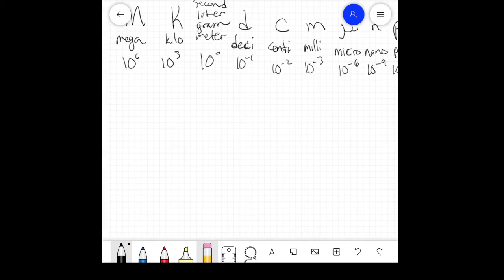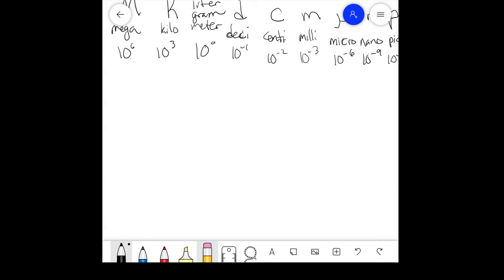How you do conversions is, say you're going from smaller units to larger units. You divide, and then you move the decimal to the left.